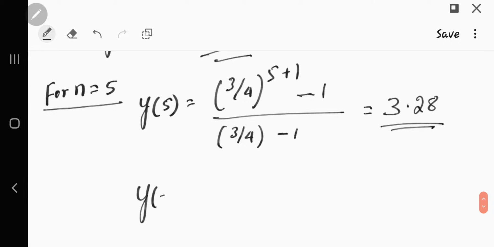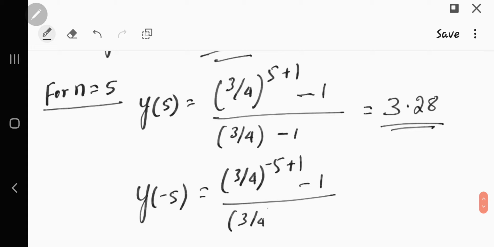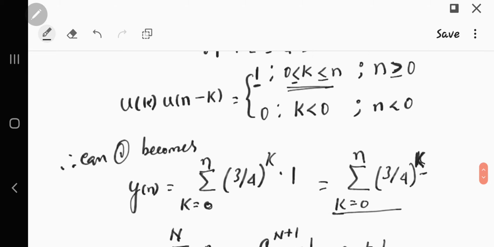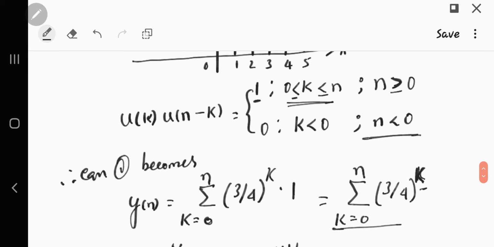Now what about y of minus 5? Don't go like this, 3 by 4 to the power of minus 5 plus 1 minus 1 divided by 3 by 4 minus 1. If you perform the operation like this, it is completely wrong, because you come here and look at the limit: for n less than 0, u of k and u of n minus k will be 0.